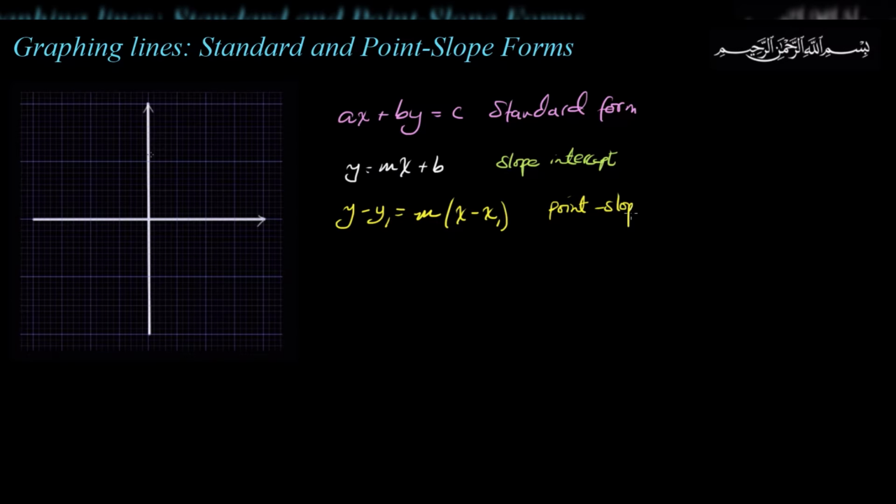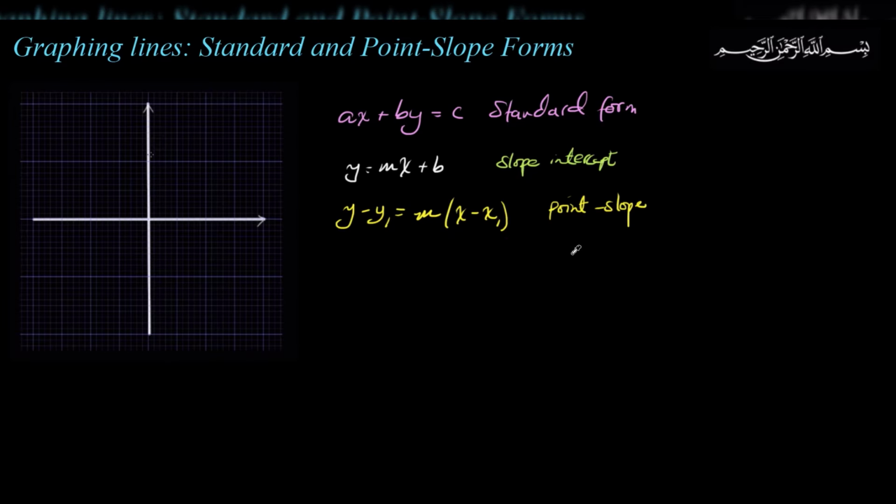And the reason it's called the point-slope form, of course, is because it gives a point that is on the line and the slope, and the point on the line that it gives you is x1 and y1 in this particular equation.